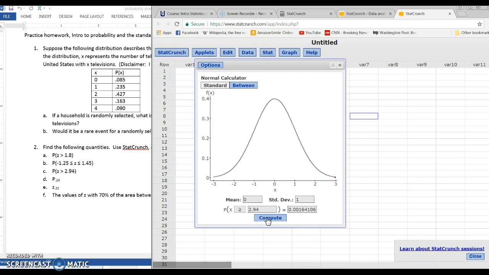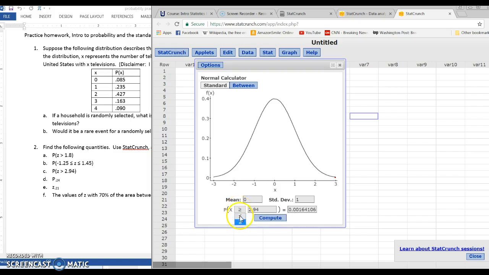D, E, and F are all inverse normal. Those are all ones where they're giving you the probability and asking you to find the z values that are the cutoffs. So for part D, P of 0.24. If you remember, the P notation, P with a subscript, means that's the percentile. So percentile always means less than.